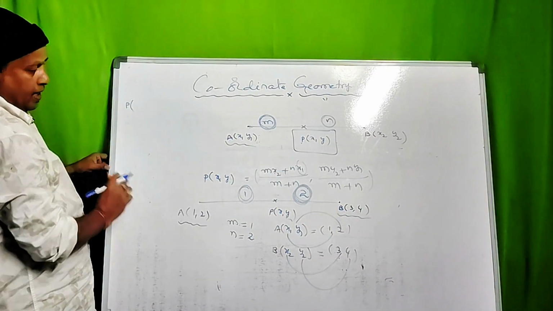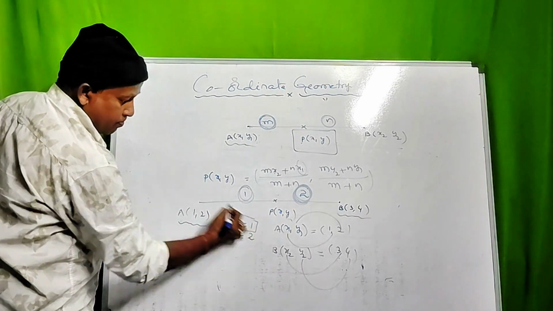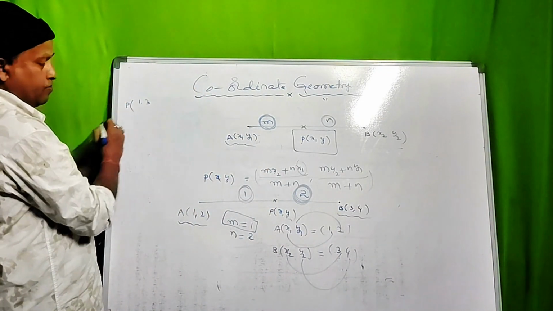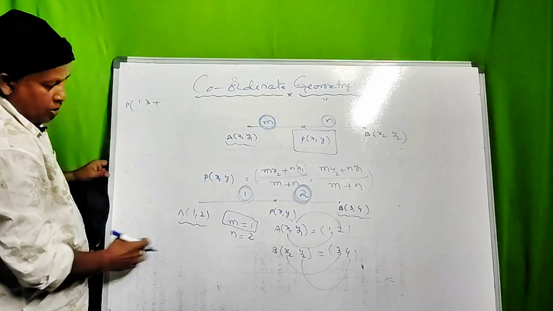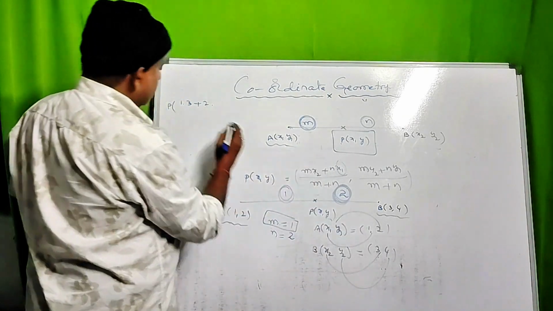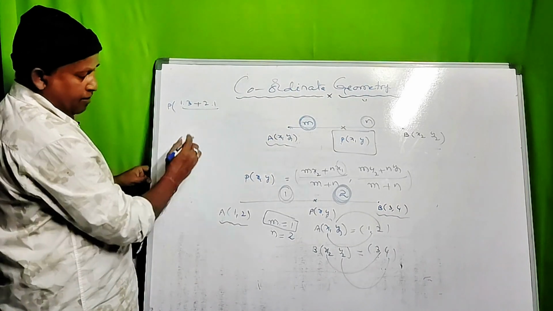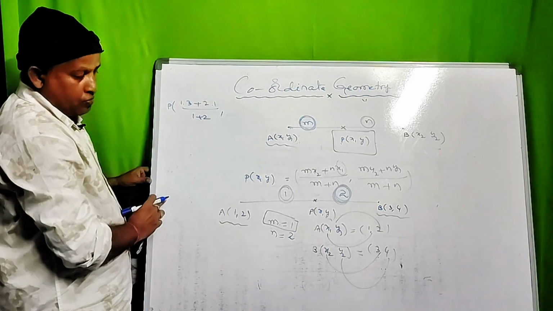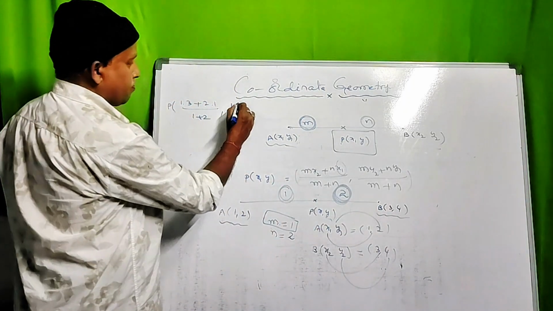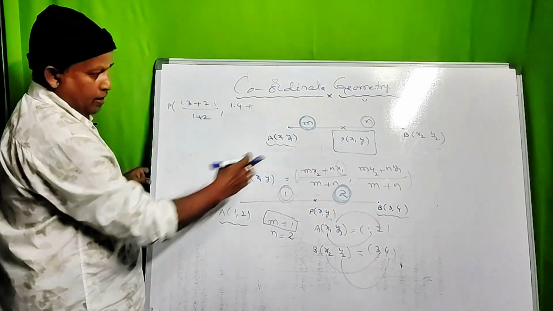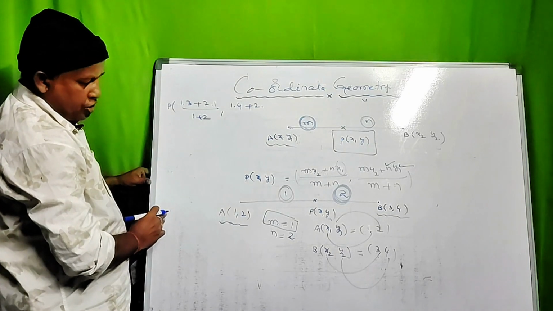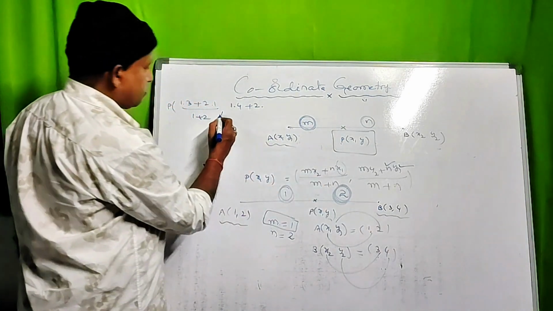So the point P is m x2: m means 1, 1 into x2 which is 3, so 1 into 3, plus n into x1: n means 2, x1 means 1, by m plus n, which is 1 plus 2, comma m y2: m value is 1, y2 means 4, plus n y1: n value is 2, y1 means 2, by m plus n.